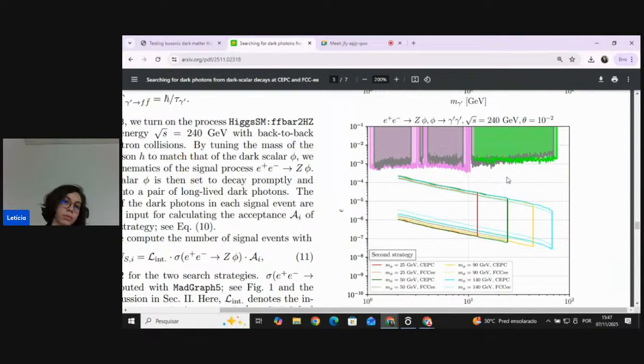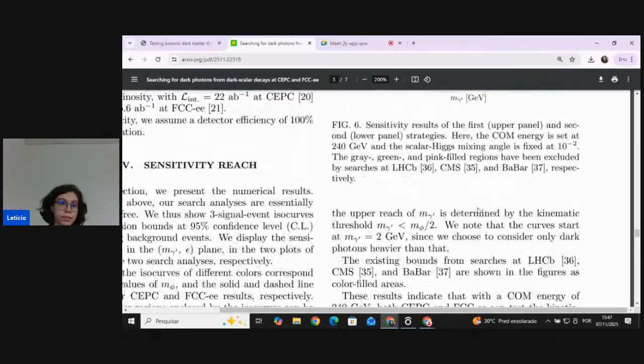And in this range of some GeVs, it is constrained mostly from collider searches. So these next generation electron positron colliders would be a great thing for looking for this kind of process, this kind of particle. And yes, it's basically it.